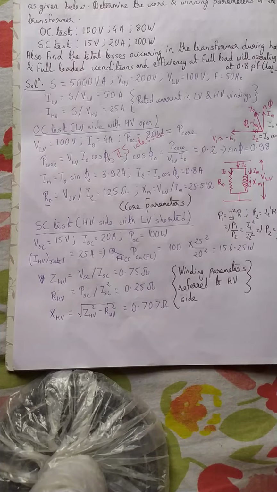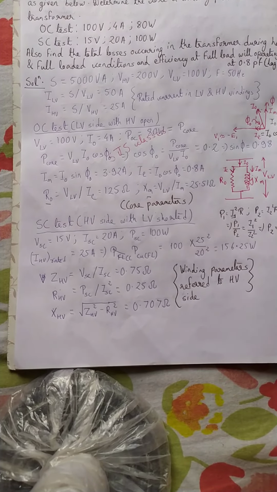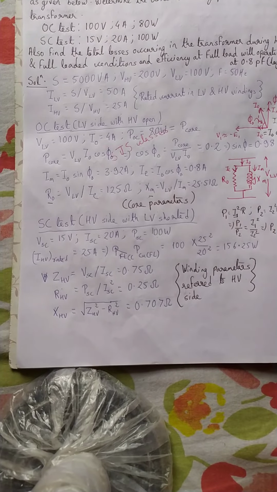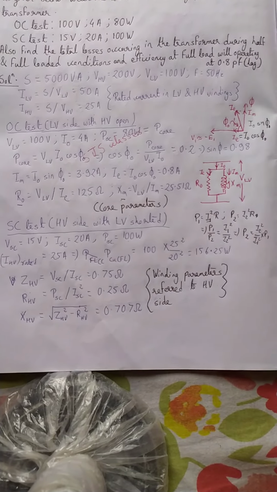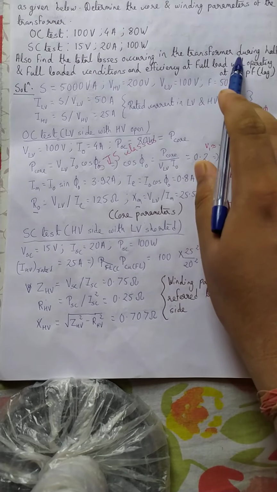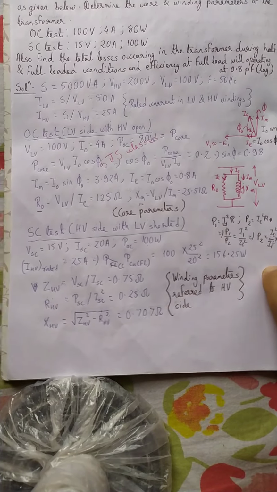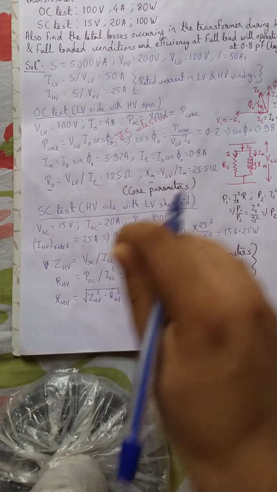So let us go to the next part. We would be using the same data, but doing it in the next part. The next portion is we have to find out the total losses occurring during full load and half load, and the efficiency. So let us come to the transformer losses. A fresh beginning.